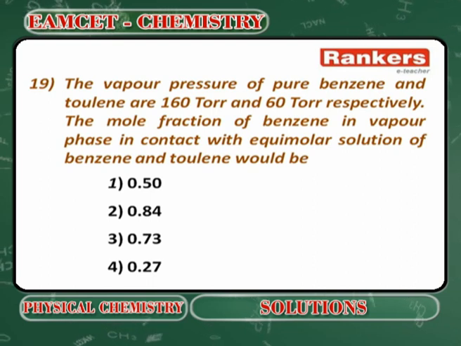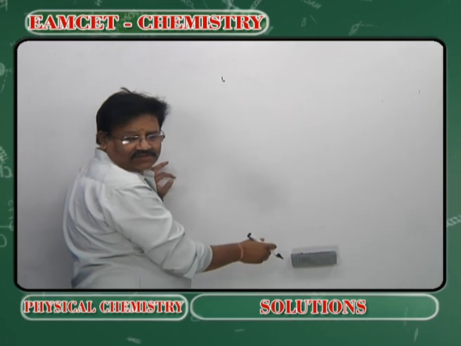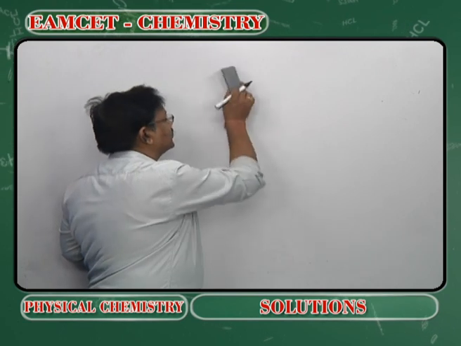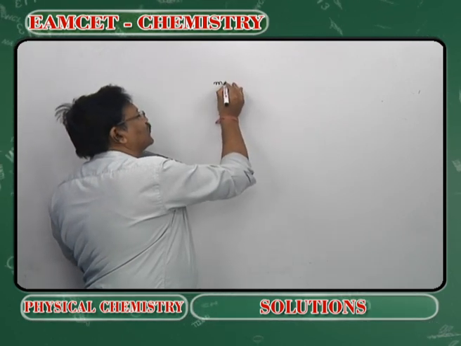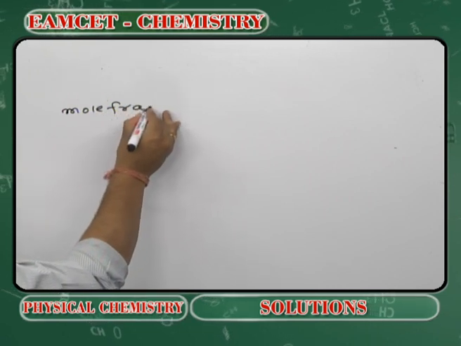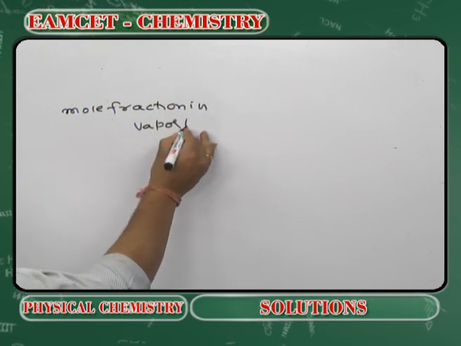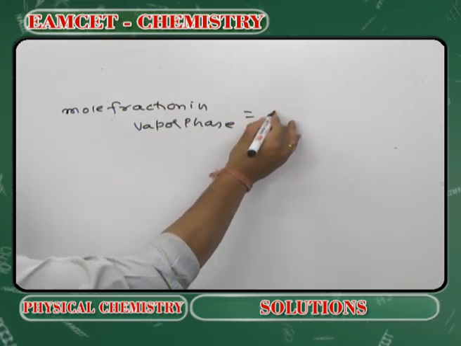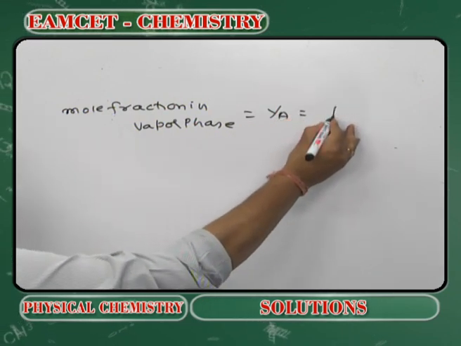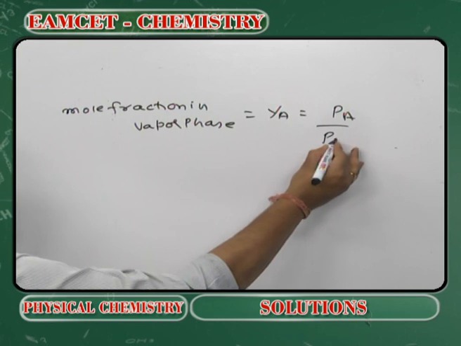The vapor pressures of pure benzene and toluene are 160 torr and 60 torr respectively. Find the mole fraction of benzene in the vapor phase in contact with the equimolar solution of benzene and toluene. Generally, the mole fraction in the vapor phase is denoted by Ya, which is equal to Pa by P total.